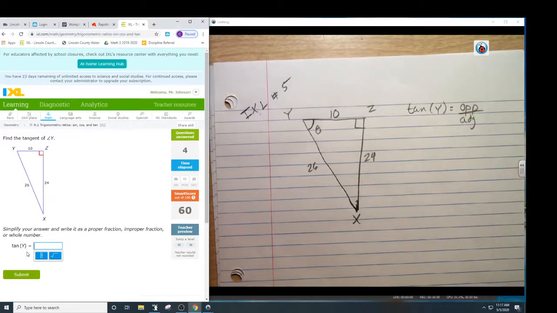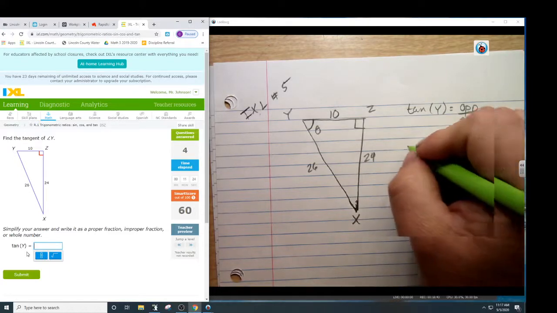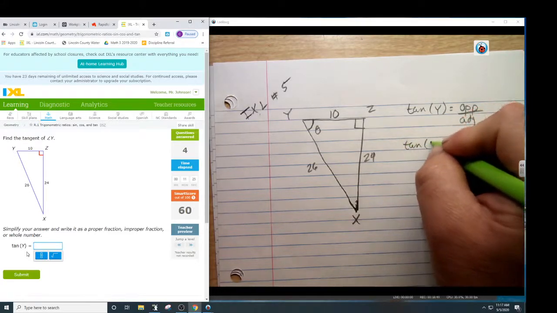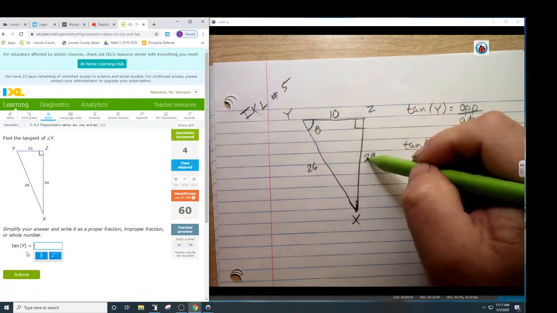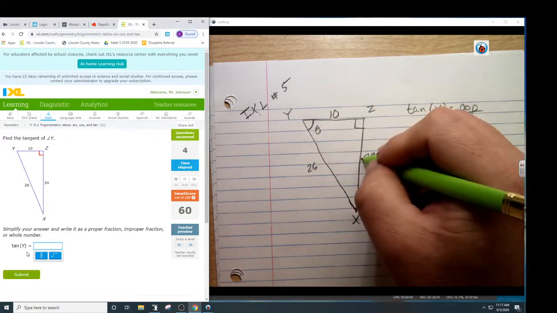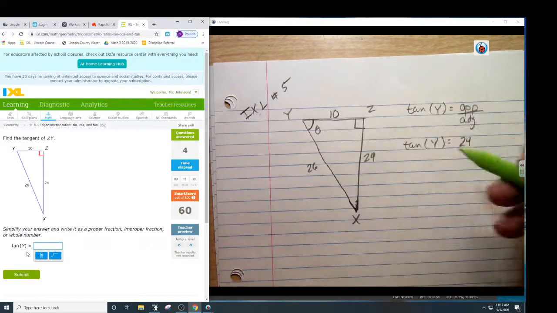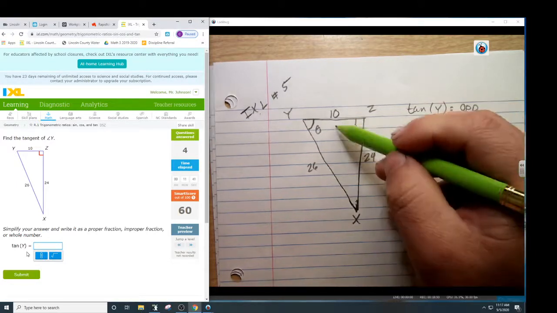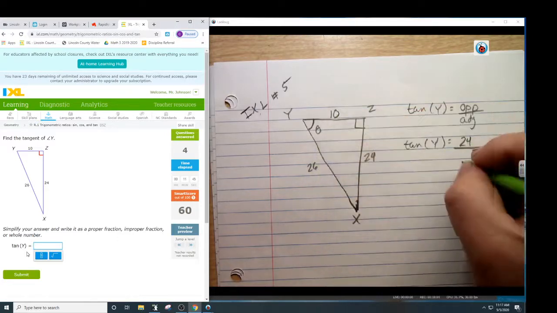Opposite over adjacent. Opposite of that is 24, because that's the opposite side, the side not touching the angle. And then your adjacent is the side touching the angle that's not the hypotenuse. So we know the hypotenuse is here. It's going to have to be this.